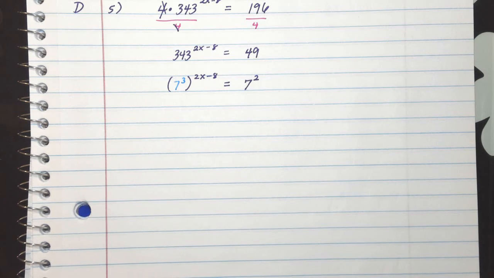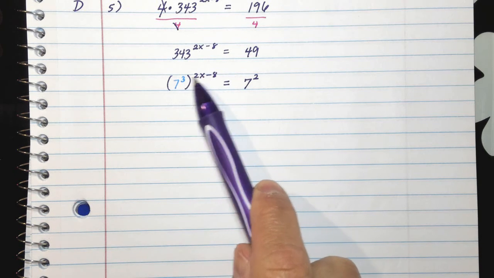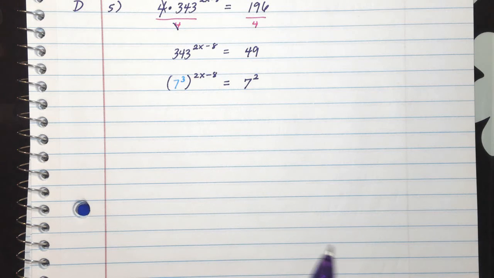What now? And then, it's been a while since we did exponent properties, way back in March. This is the power property. When you have an exponent raised to another exponent, you have to multiply the exponents in order to get rid of the parentheses.